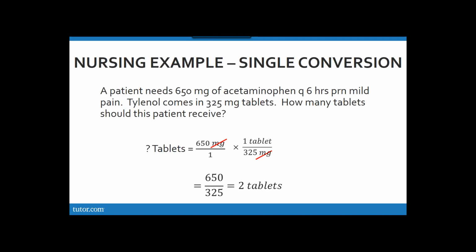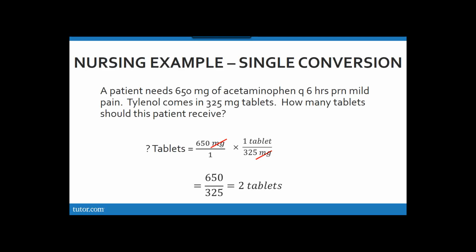And so now we just divide 650 by 325. That 650 came from multiplying 650 times 1 across the numerator, and 325 came from multiplying 1 times 325 across the denominator. And then dividing those two numbers, we find out that 2 tablets is the number that this patient would need in order to get the 650 milligrams of acetaminophen.